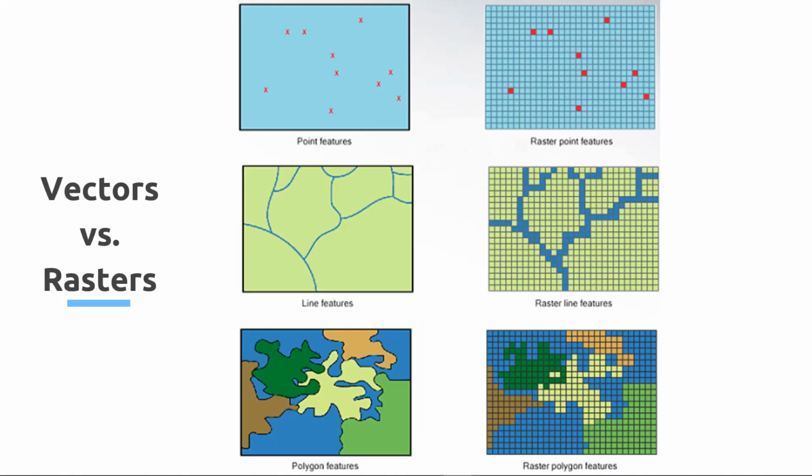If we want to see a comparison of how these work, this is all the same data, but formatted in different data types. On the left-hand side, we've got our vectors, so points, lines, and polygons. That's pretty familiar to you all, and you should have been working on it in the lab for this week. On the same one, we've got the same exact data with rasters.